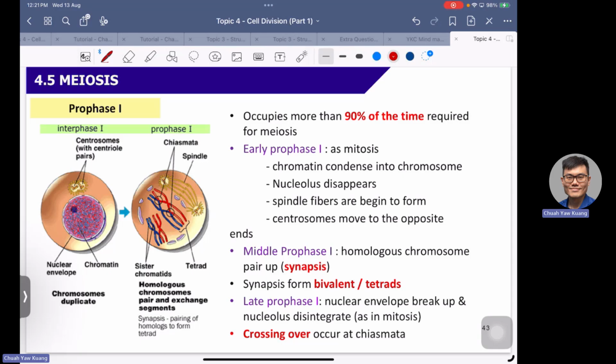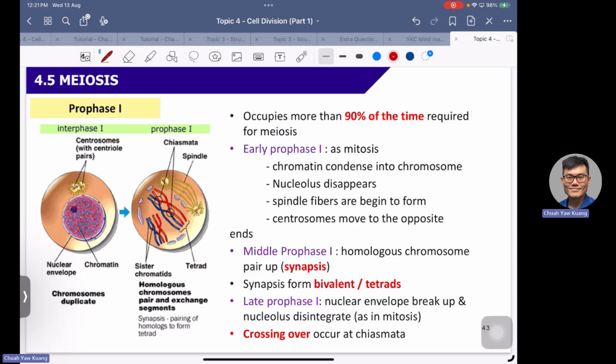So the homologous chromosomes will find each other and become a pair. Chromosome 1 and chromosome 1 will find each other and pair. Chromosome 5 and chromosome 5 will pair with each other. Chromosome X will try to find chromosome X or chromosome Y to pair with. So all of these homologous chromosomes will pair up, and this process we name synapsis. Synapsis occurs.